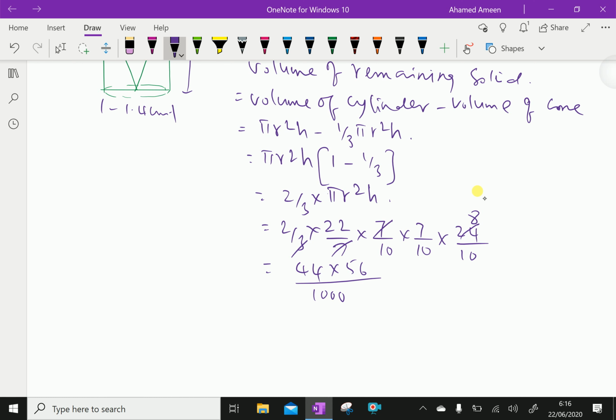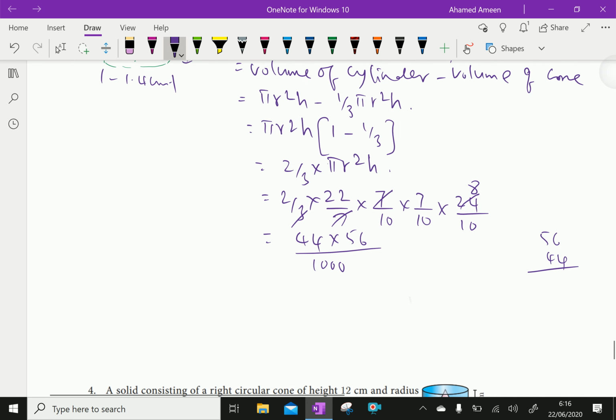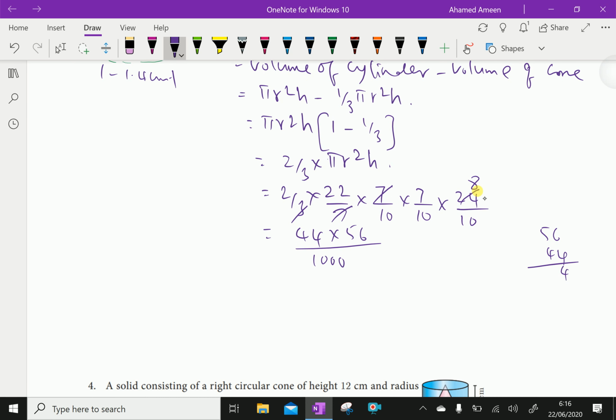Here we'll do 56 into 44. 4 6s are 24, 2 carries, 4 5s are 20, 22, and so on, which is equal to 2464 divided by 1000 equal 2.464 centimeter cube, which further we can write as approximately 2.46 centimeter cube.